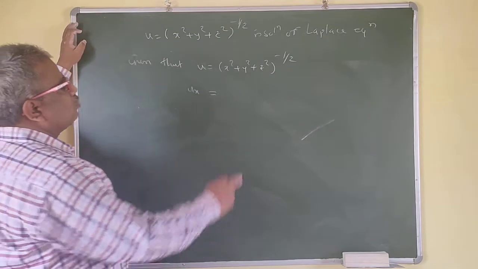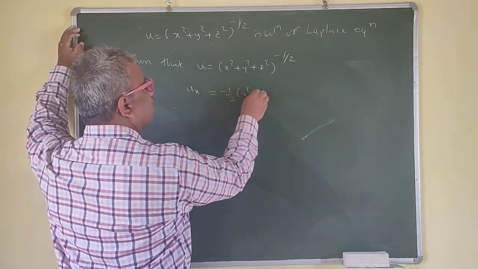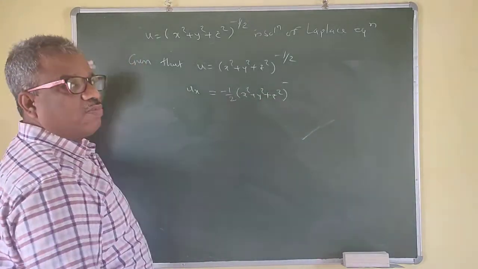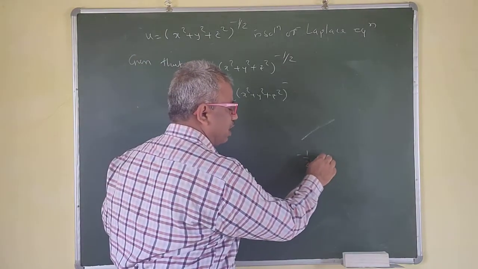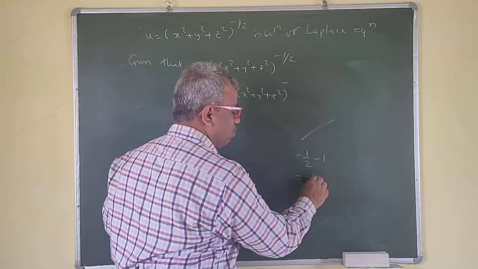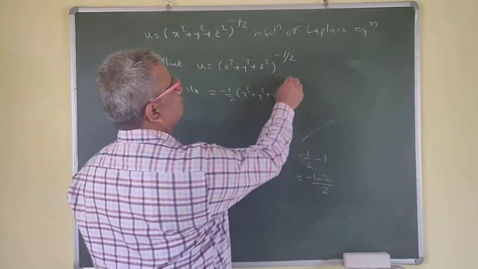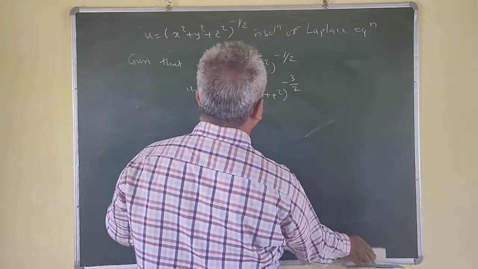Since there is a power, pull the power down and reduce the power by 1: minus 1 minus half, which is minus 1 minus 2 upon 2, so minus 3 by 2.